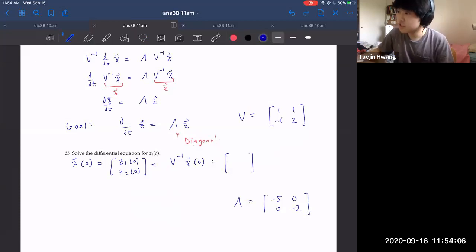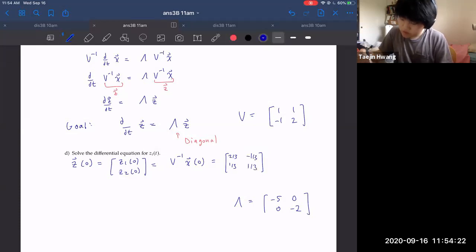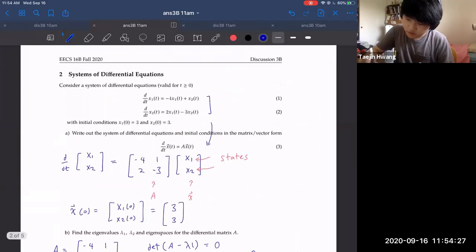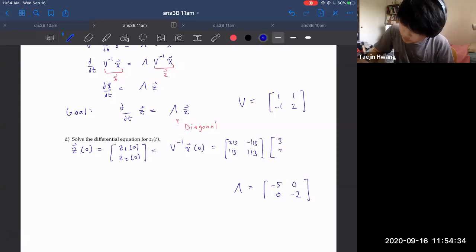Its inverse is of the form 2/3, 1/3, negative 1/3, and 1/3. And x of 0, if we remember from the beginning, was 3 and 3. So we can just plug that in, and if you do the matrix multiplication, you can show that the initial condition is 1 and 2 in z.